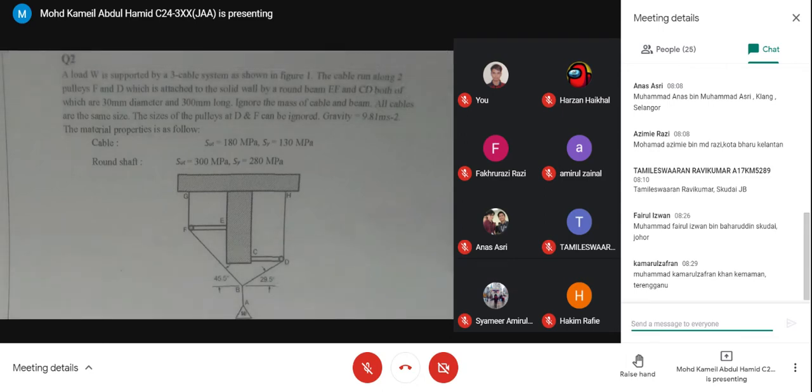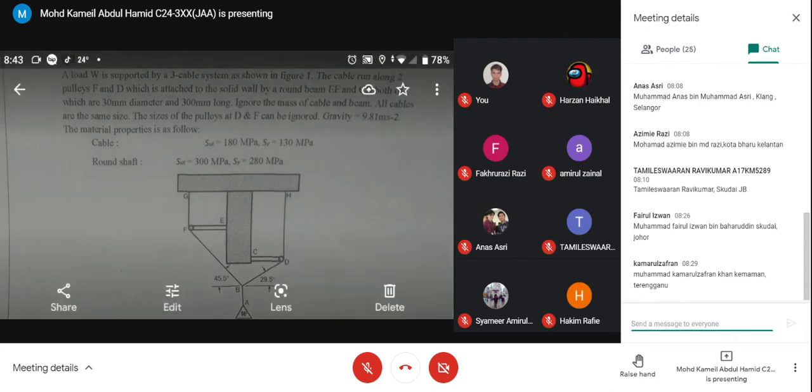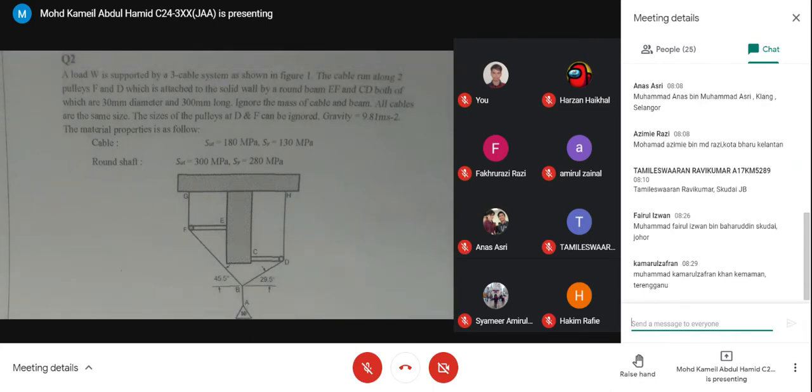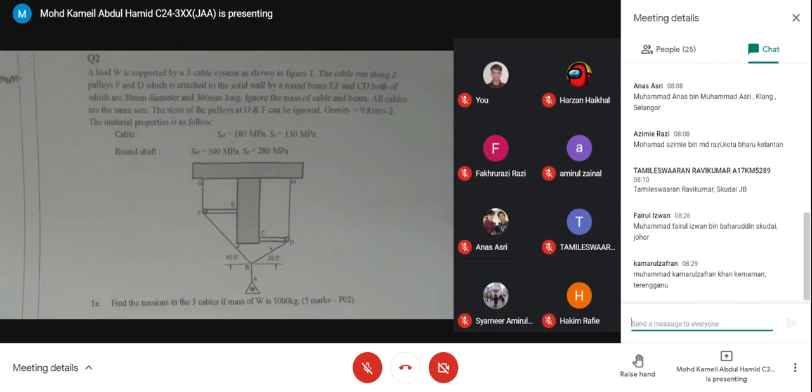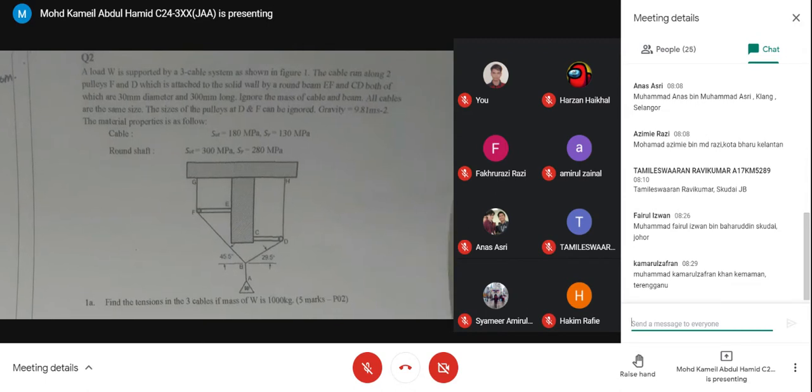Okay, so what is in this question, if you see, this is one type of question. Given the diameter of the beam is 30 mm.